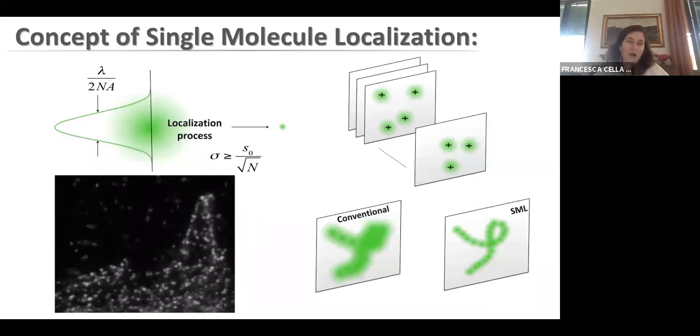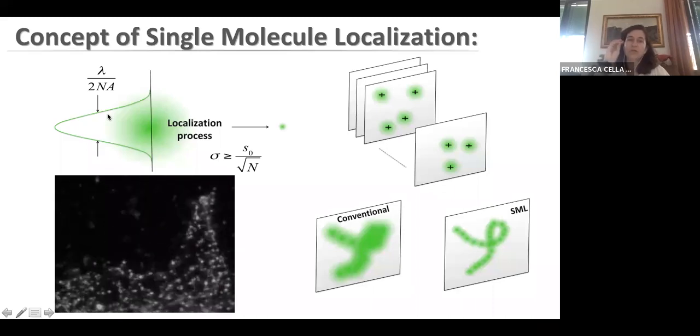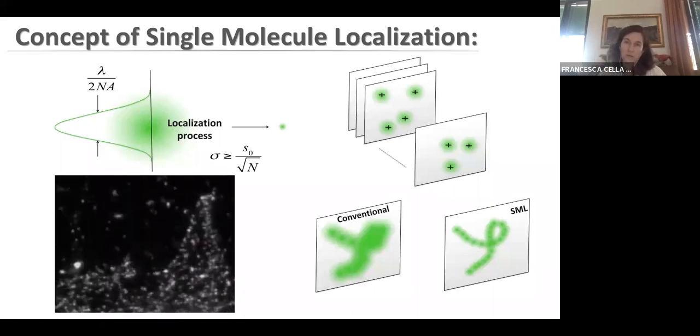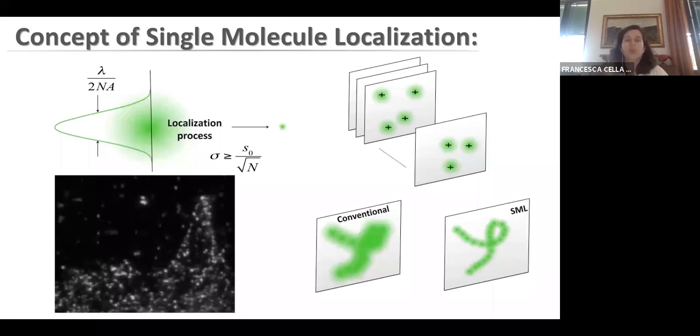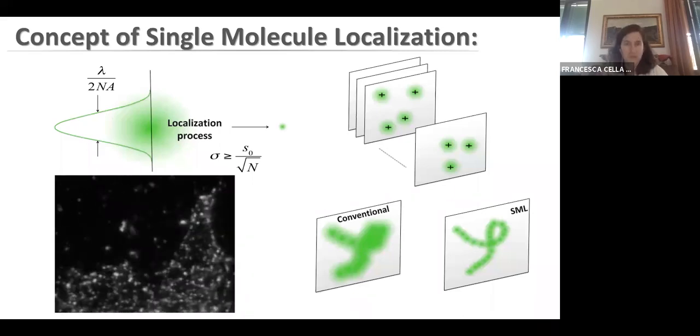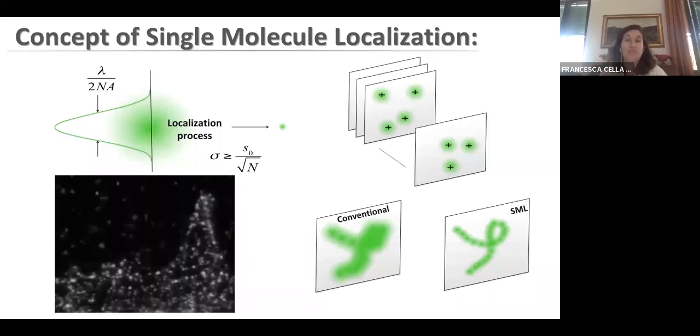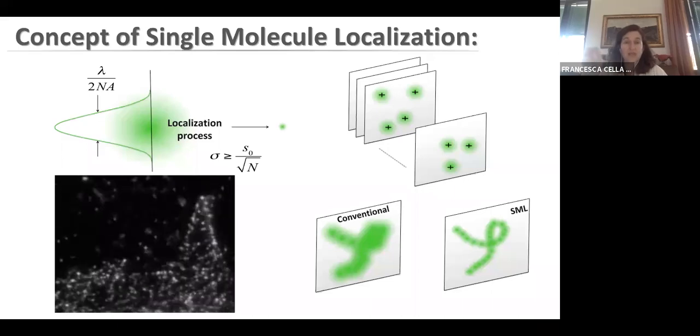So here you can see how an experiment looks, and the idea is that when you image each of these single molecules within your field of view, you can localize them. The localization process is given by the fact that you can have a precision in saying where the center of each molecule is.